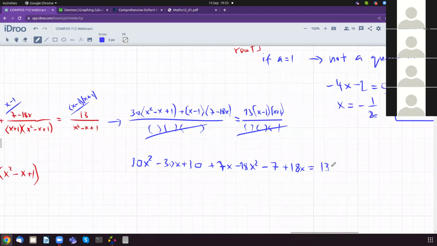So 13x squared minus 13, so complete, and check that x is not equal to plus or minus 1.